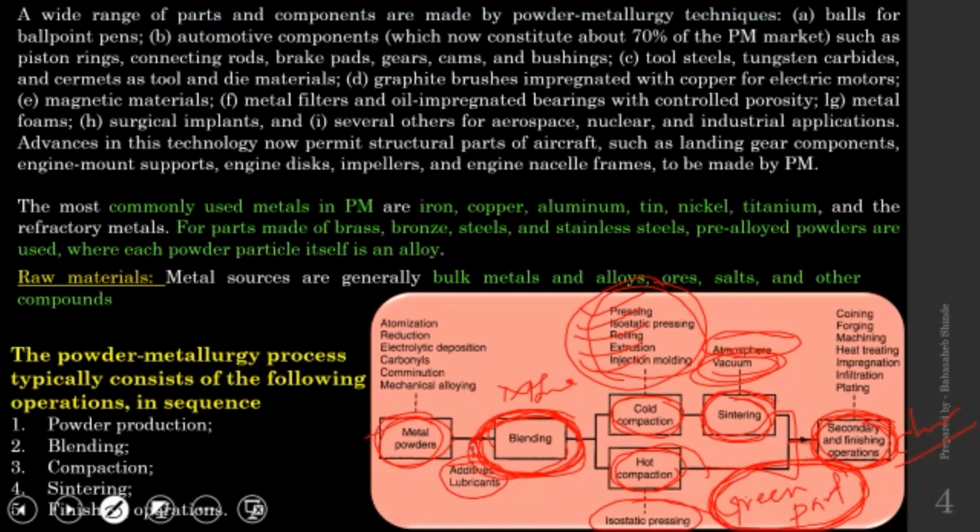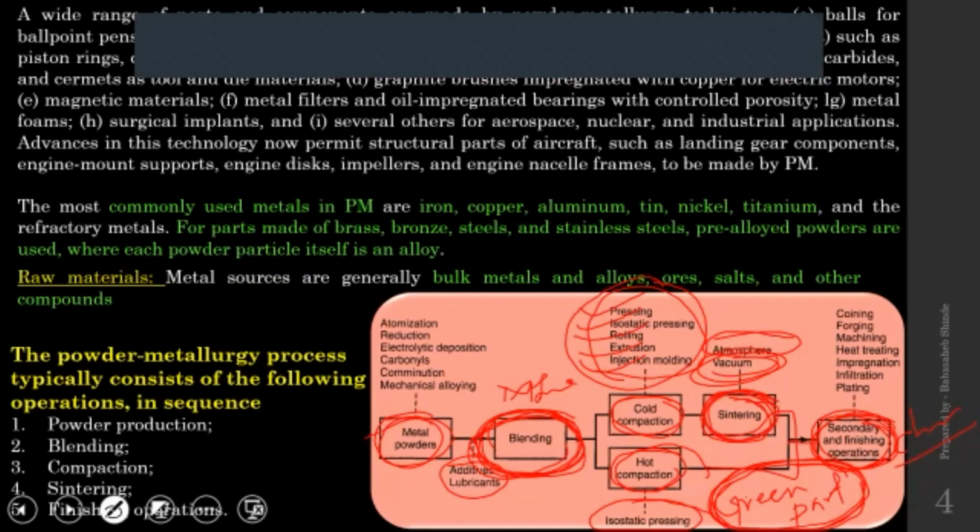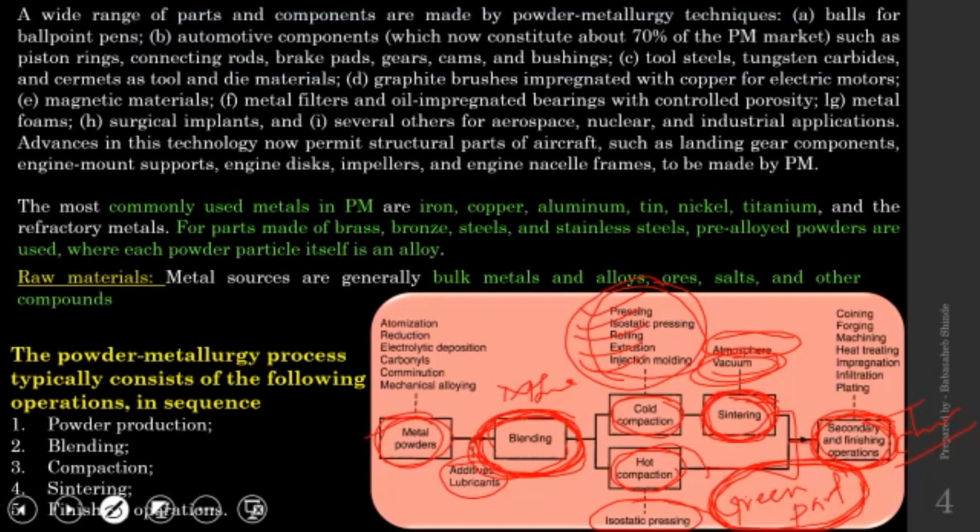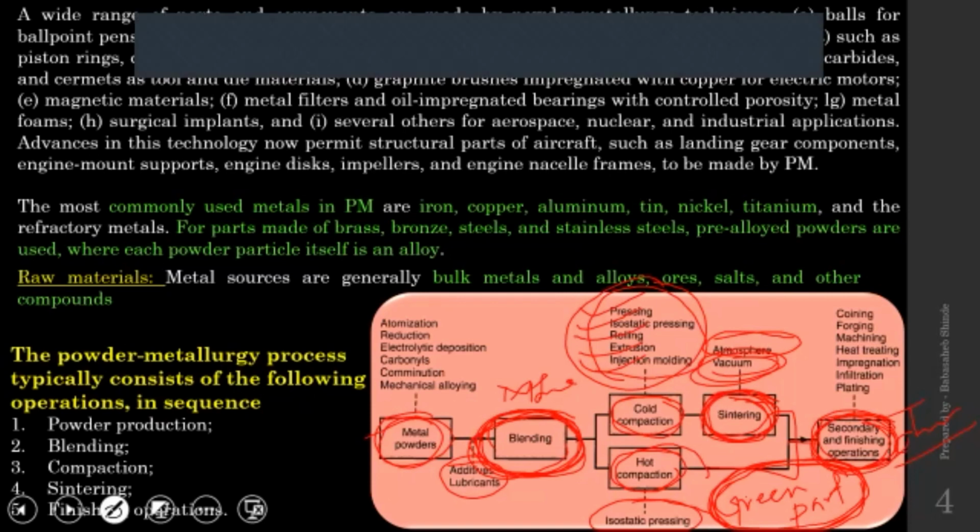The product that you have produced using this powder metallurgy technique might not have that fine surface that is demanded by the application, and in that case we need to go for post processing. Additionally, there could be some projections, or some connecting parts together, and that has to be removed before putting it into actual applications, and that could be done using these secondary and finishing operations.